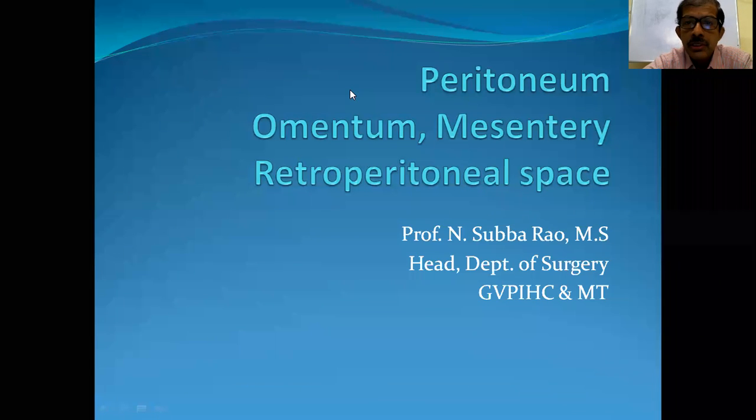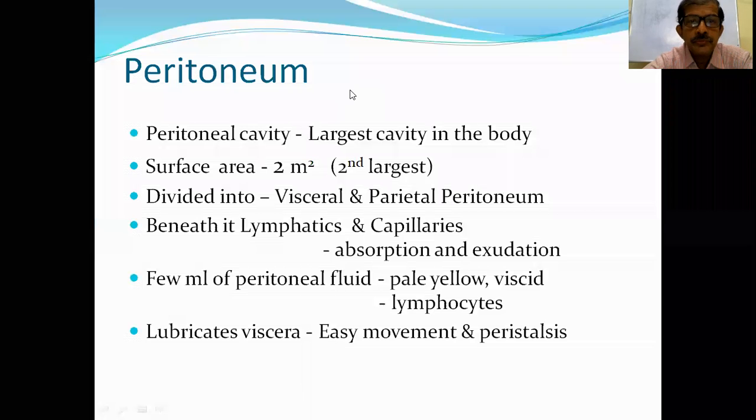Okay, right. So peritoneum. The peritoneal cavity is the largest cavity in the body, lined by peritoneum, and in surface area, it is second largest after skin, around 2 meters square.